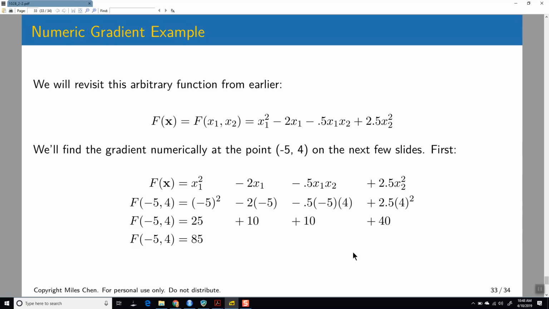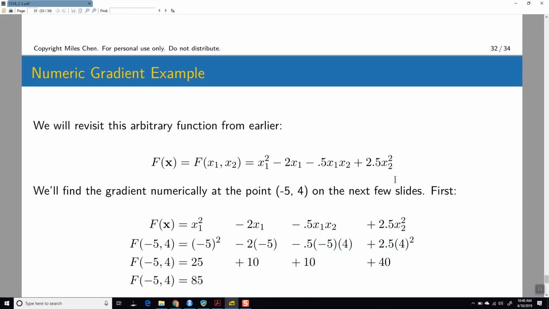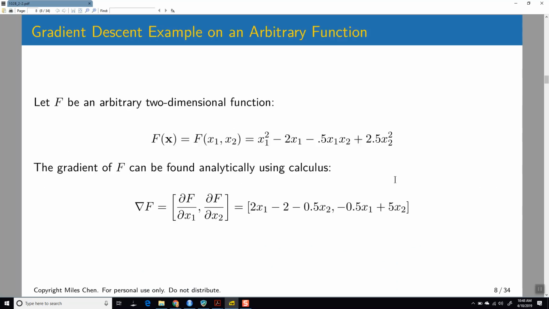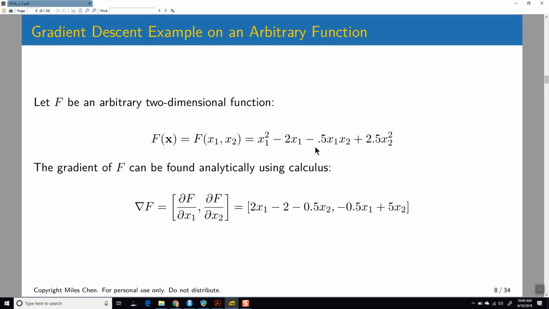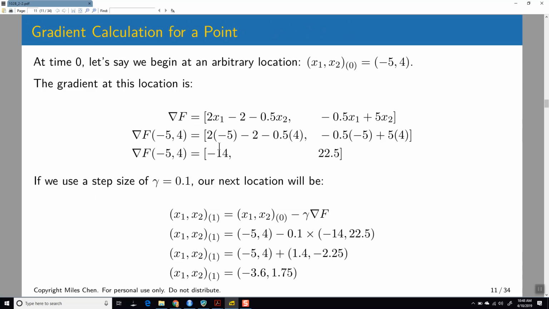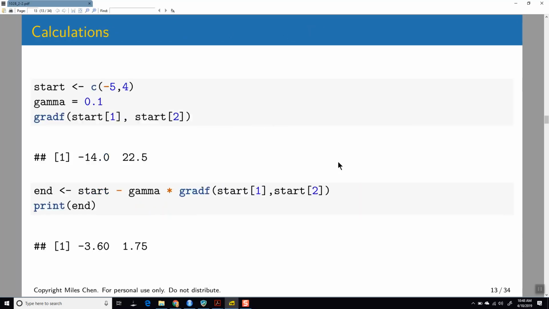To illustrate, we'll go back to the function that we saw at the very beginning of the class, and we said the gradient of this arbitrary function at -5 and 4 is -14 and 22.5.